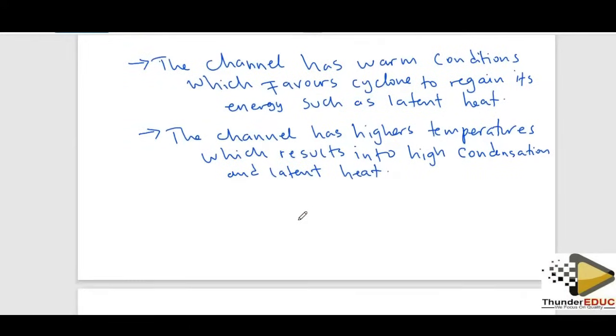Remember, all these conditions will make the cyclone regain its energy.